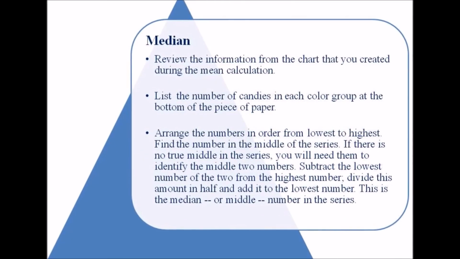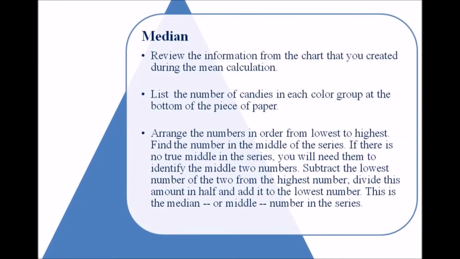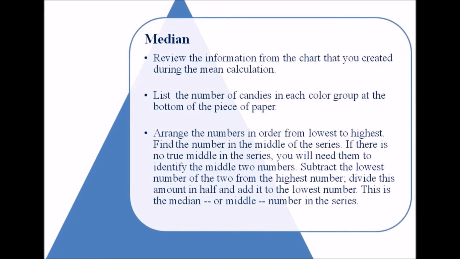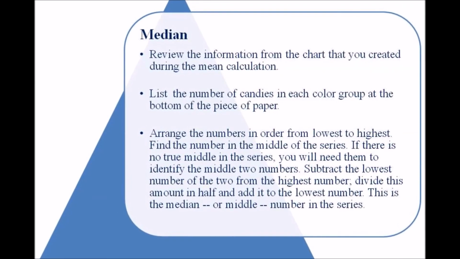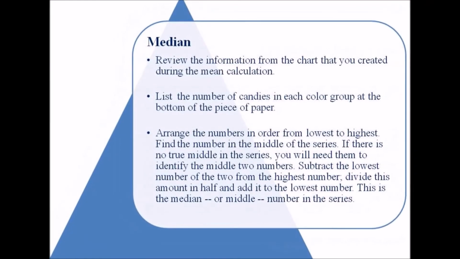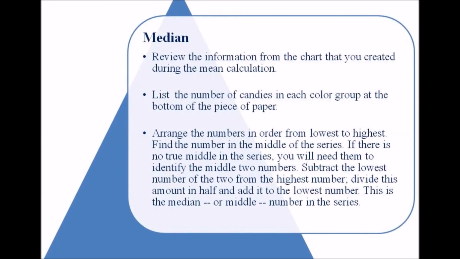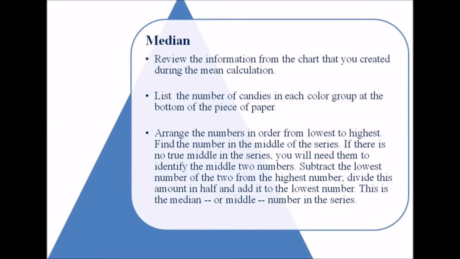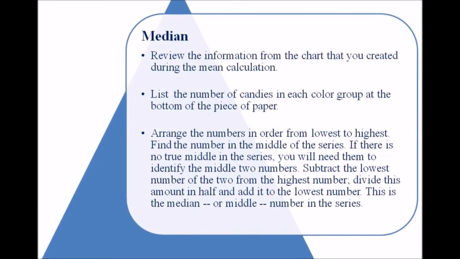So review the information from the chart that you created during the mean calculations. List the number of candies in each color group at the bottom of the piece of paper. Arrange the numbers in order from lowest to highest. Find the number in the middle of the series.